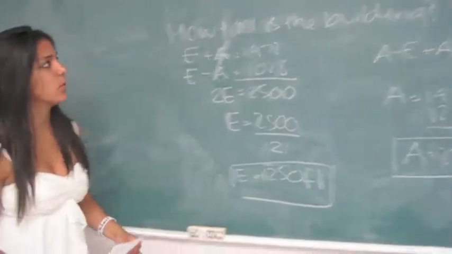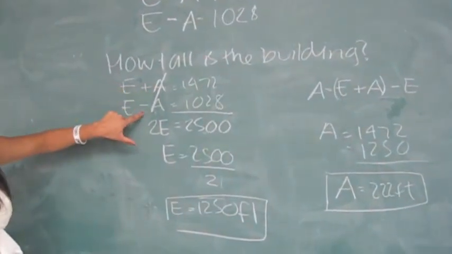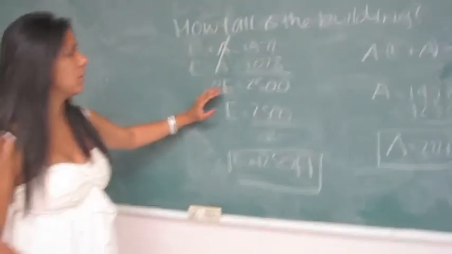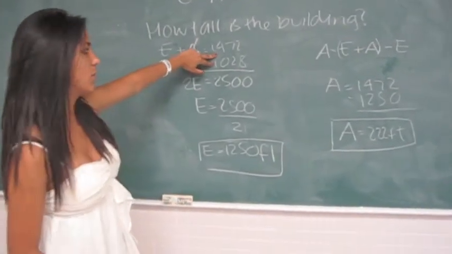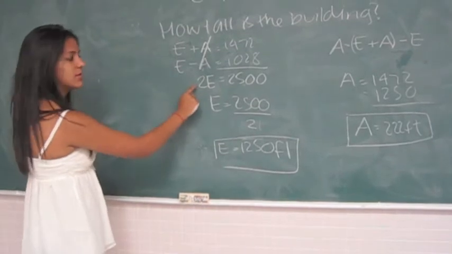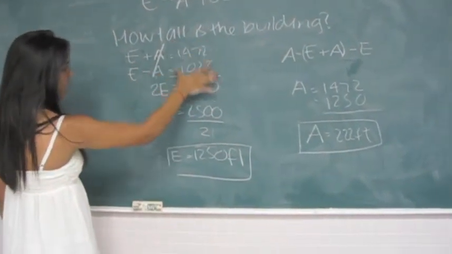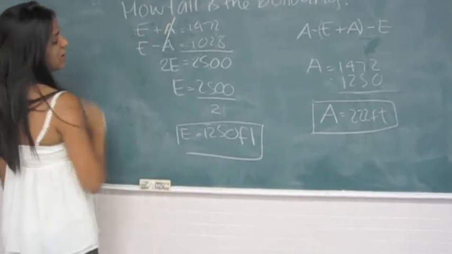So what we did here was solve this. A minus A, you would cancel it, and then you would add these two because they're both positive. And here it would be E plus E, which makes 2 times E. So you practically add these two but cancel because this is subtracting.